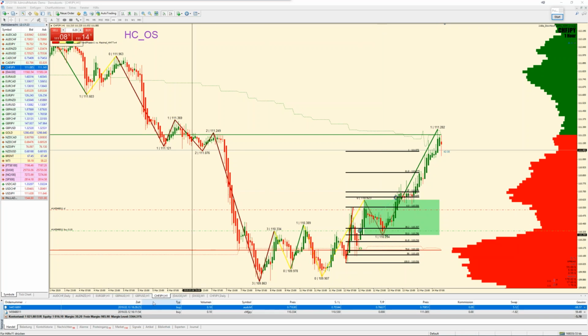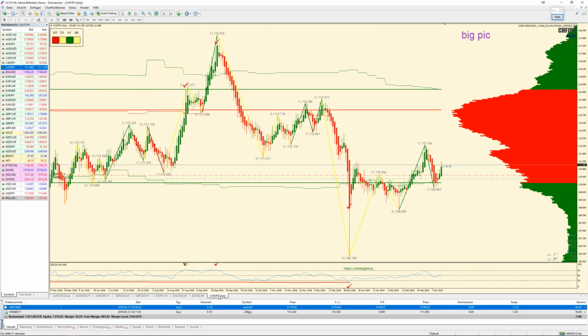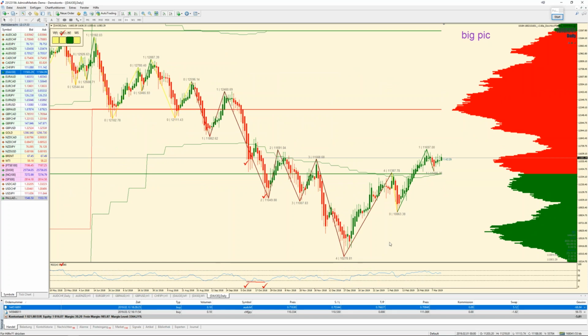Let's see what we can do as well. Let's look at the DAX, of course. There's the DAX. So look at this one. It's really, really easy. We have a trend, and as I told you, in the last weeks the point of control is placed at 12,220 points. And now you can see it's always the same.